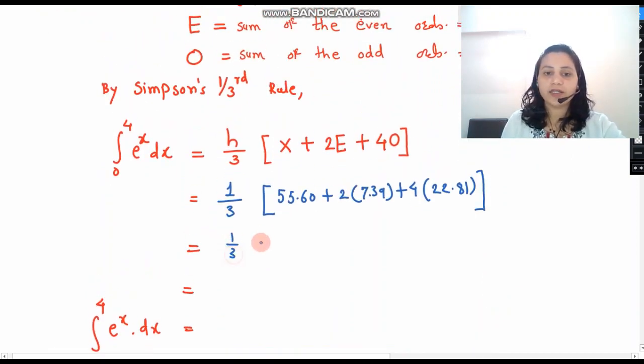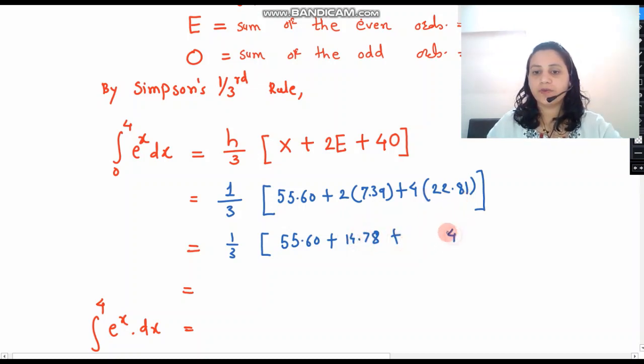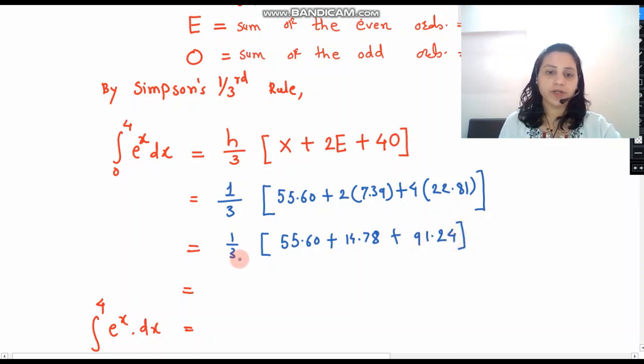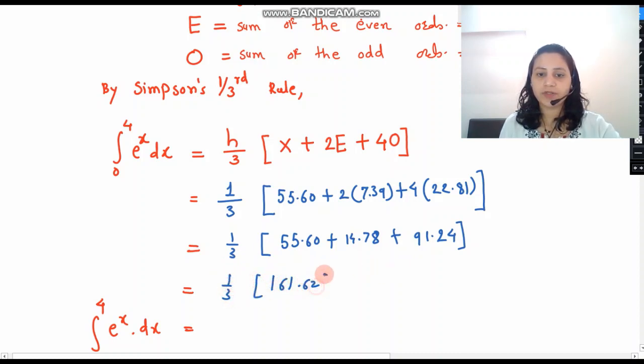We get 55.60 as it is plus 2 into this bracket 14.78, and this is 4 times 91.24, right? So 1 upon 3 into 161.62, right?